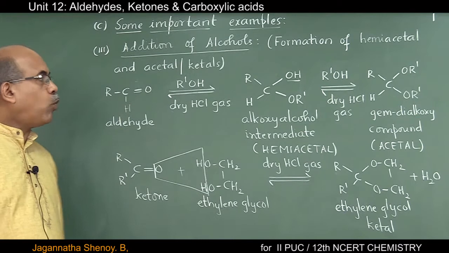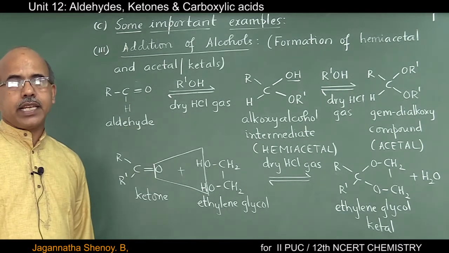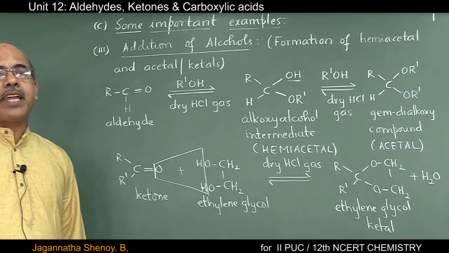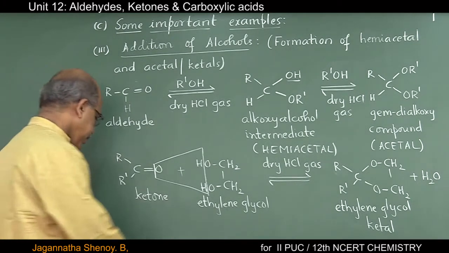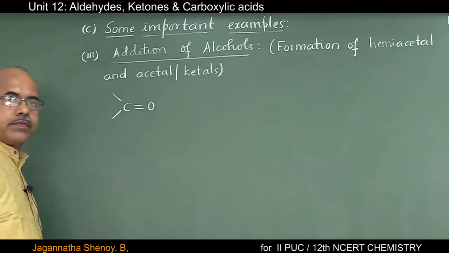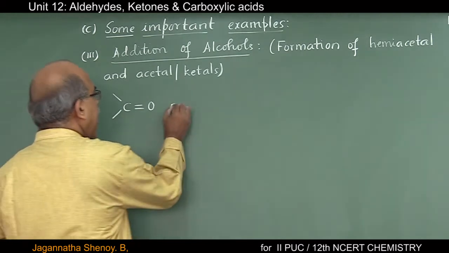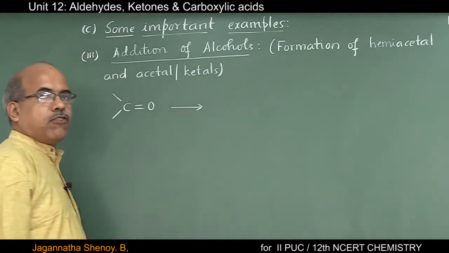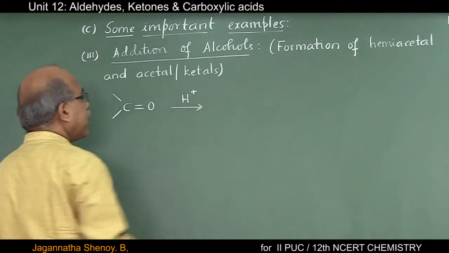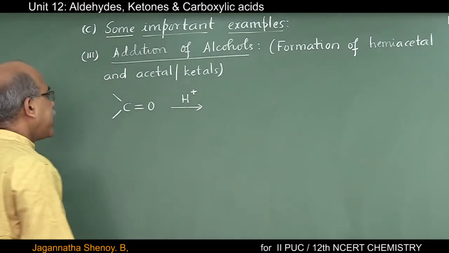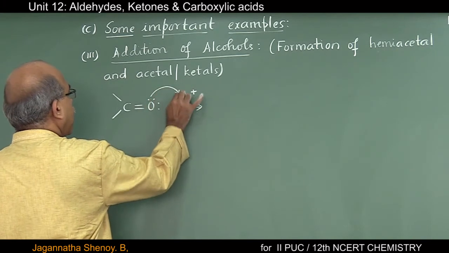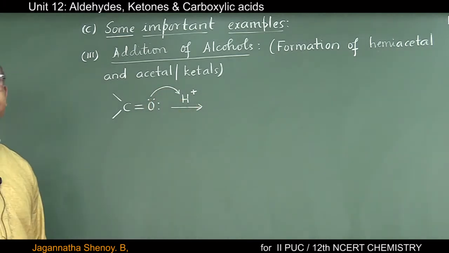Now the question is, what is the role of dry HCl gas? In order to understand that, let us go back to the mechanism of the reaction. We have a carbonyl group, C double bond O. When the reaction is carried out in the presence of dry HCl gas, it furnishes H plus ion, and that H plus ion is attacked by the lone pair of electrons present on oxygen.